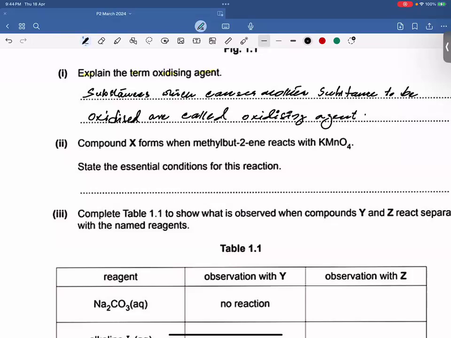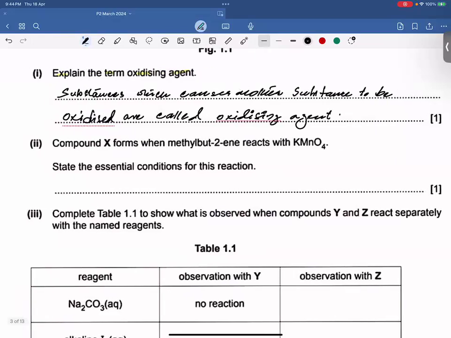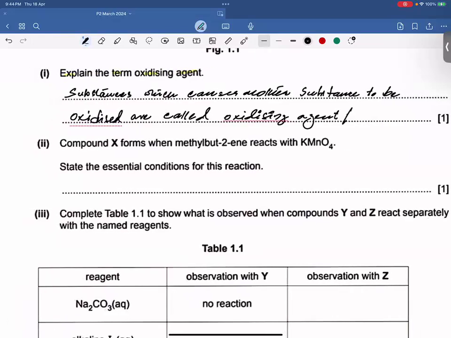That means during the reaction they will gain electrons. So technically, oxidizing agents are electron acceptors. They will accept electrons during the reaction.